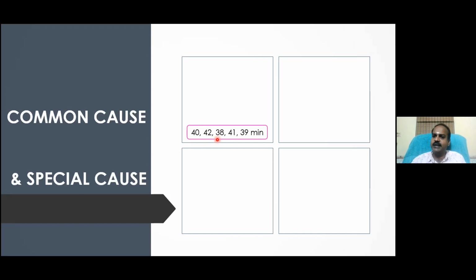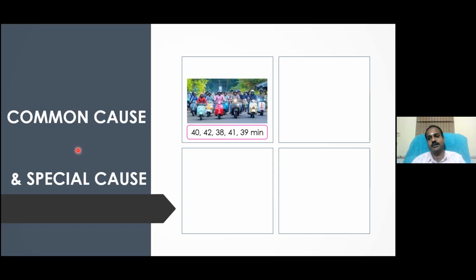You can't explain the reason for the variation always. Sometimes it becomes unexplainable. If the reason is unexplainable, it is called common cause. It is called common cause of variation. You are going to office by bike, plus or minus 1 or 2 minutes will be there. You can't expect a reason for it.